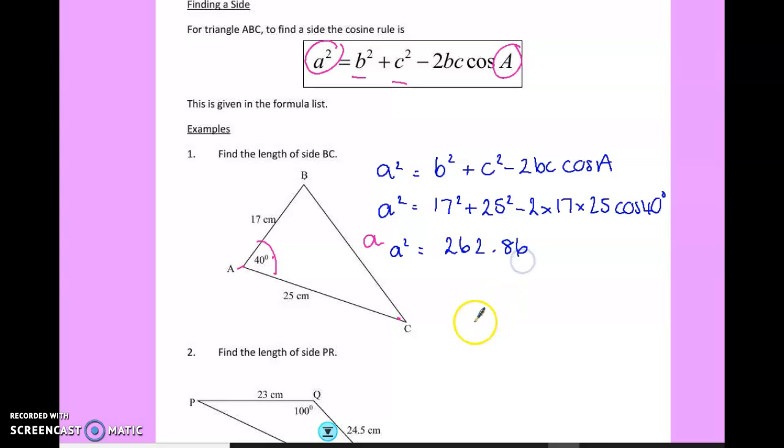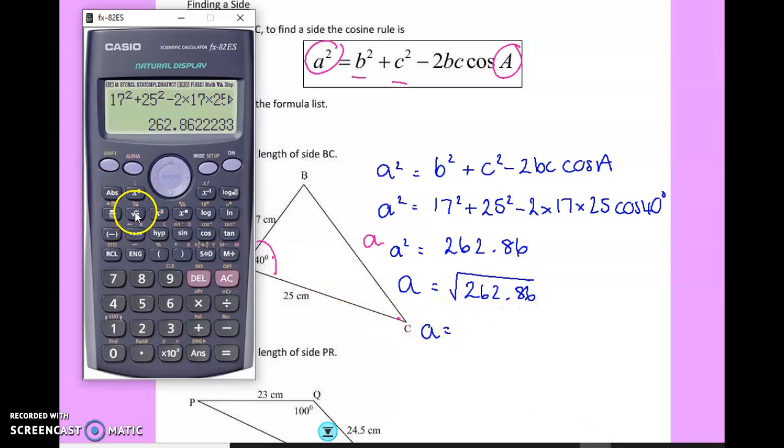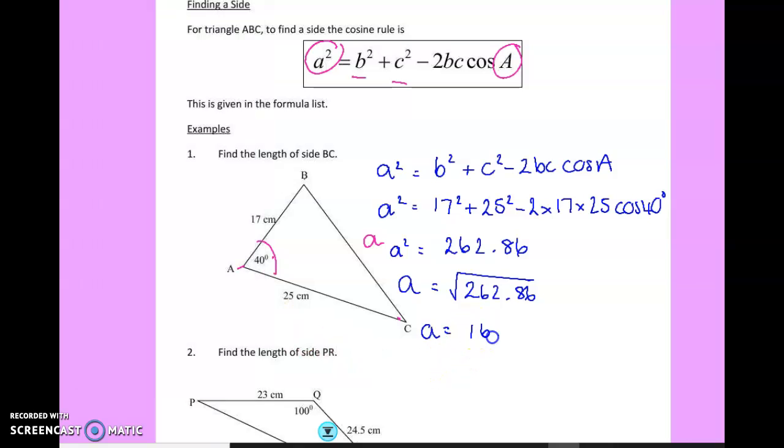That is a squared. We don't want a squared, we just want a. So we need to take the square root. That gives 16.21 centimetres.